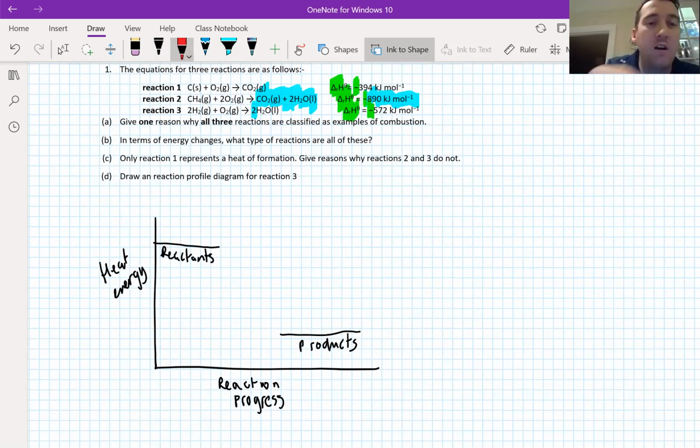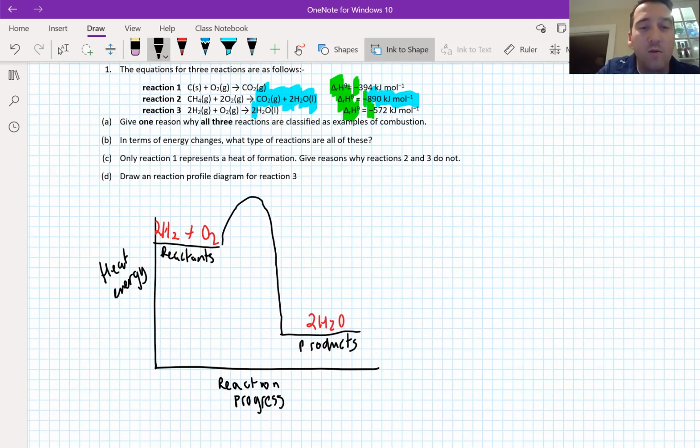The reactants for number 3 are 2H2 plus O2, and the product is 2H2O. We then draw our activation energy, our hump, and we connect it to our products like this. We would label this the activation energy.